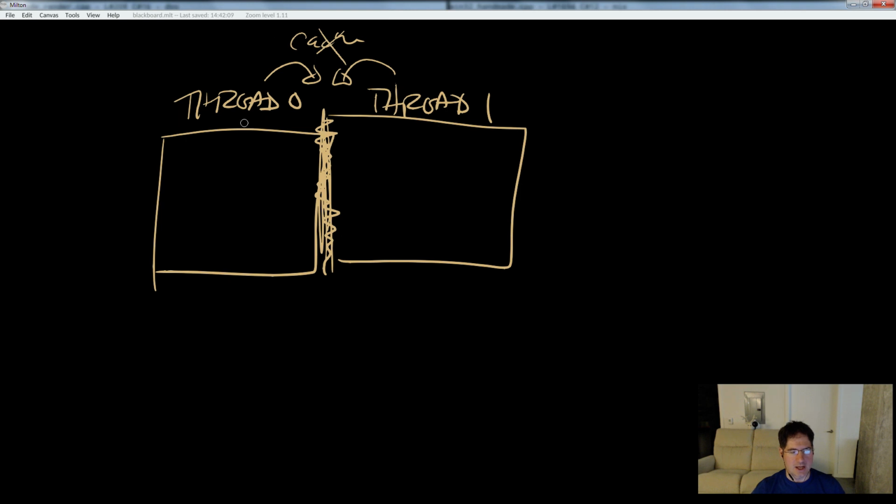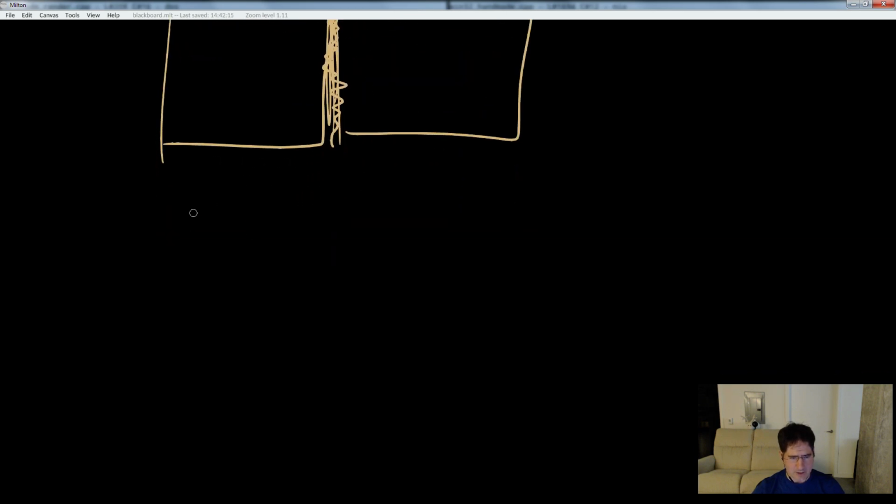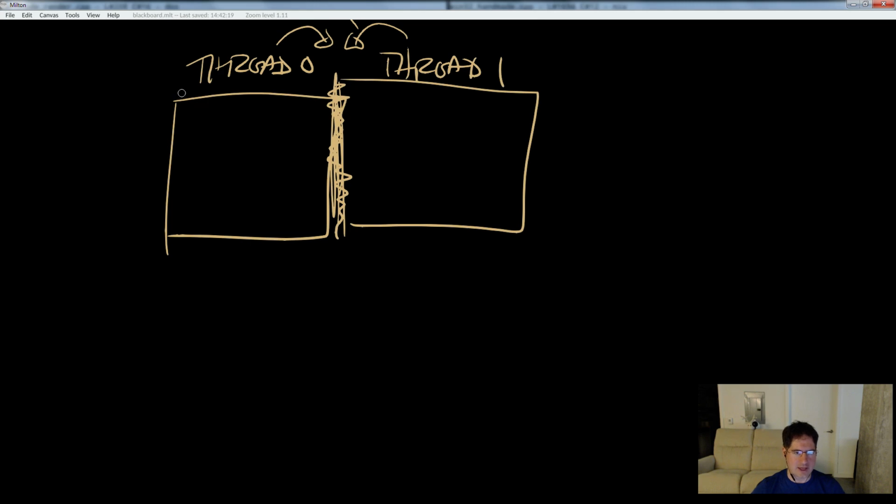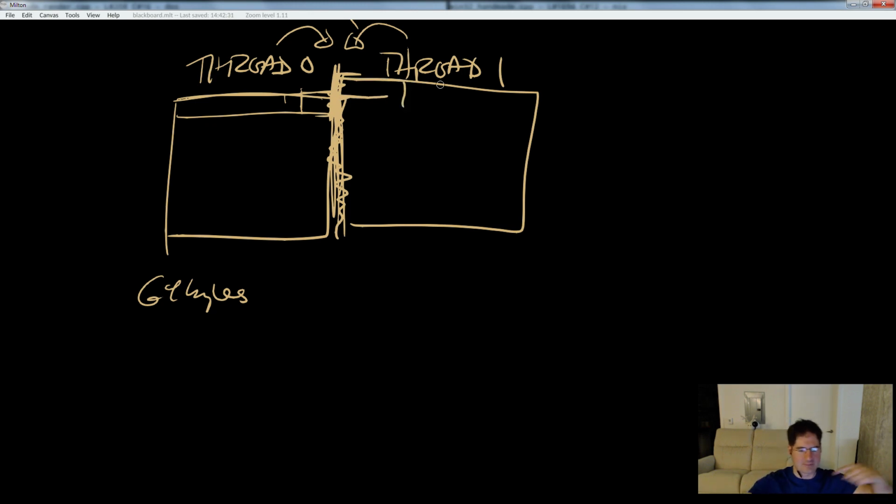Because what'll happen is if thread 0 and thread 1 are both pounding on the same cache line, you're going to be in a world of hurt. So you want to make sure that the cache lines, which are 64 bytes, end right at the end, and this one starts on a fresh cache line, so that the cache line doesn't have to bounce back and forth between the two threads to write to the different portions of it.